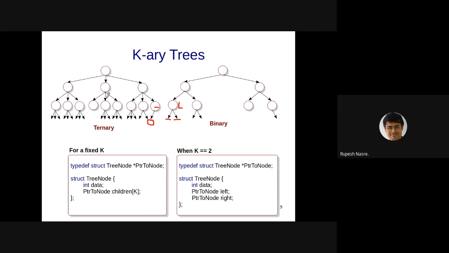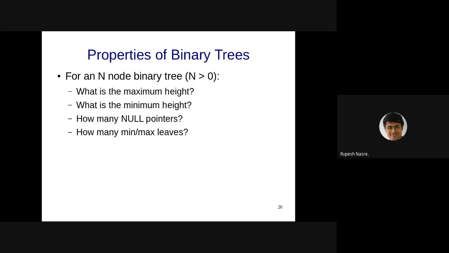So there are certain number of null pointers which exist. So if a node has both the children, then it has zero null pointers. If it has one child, then it has one null pointer. If it has no children, then it has two null pointers in case of a binary tree, right? So I would like to count these null pointers, and that plays some role in proving certain properties, and that's why we are interested in those null pointers.